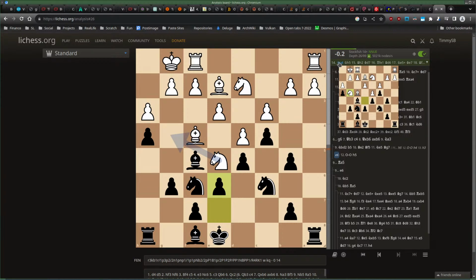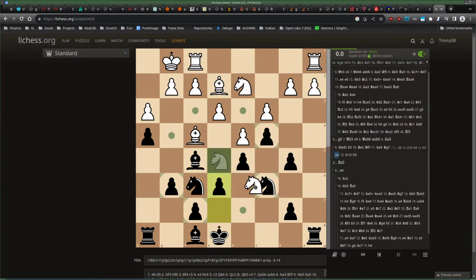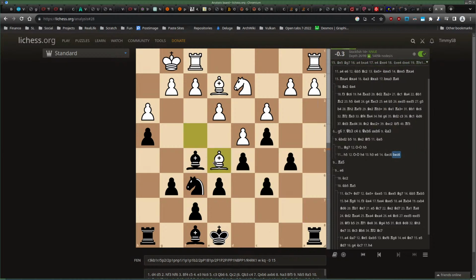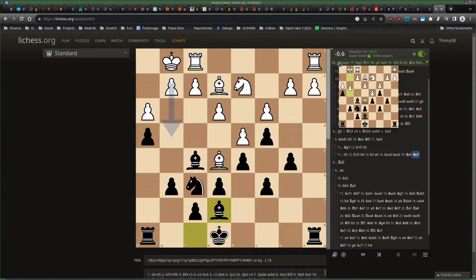The bishop does have to go the other way then, maybe. So whatever we take here, and then go here. Bishop goes to e7.